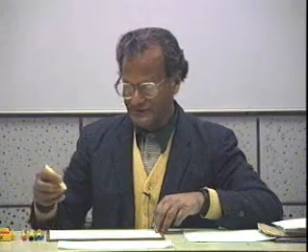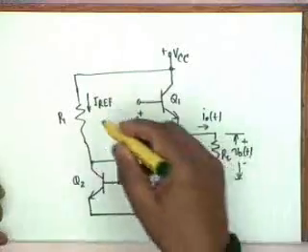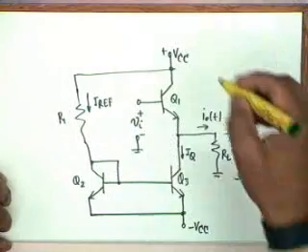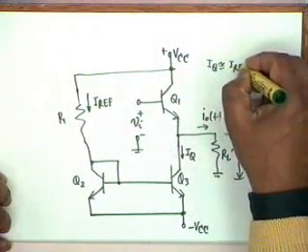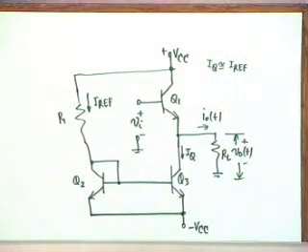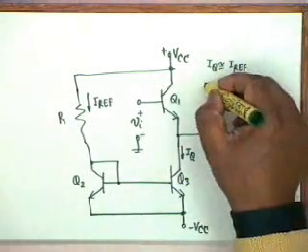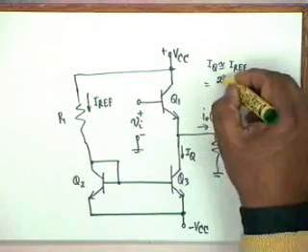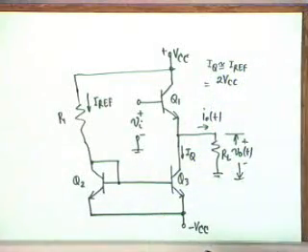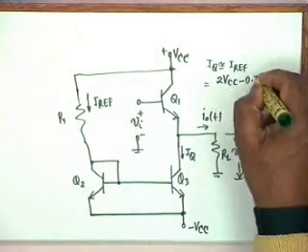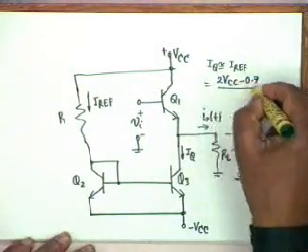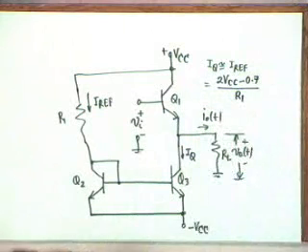Obviously, IQ is approximately equal to Iref. And this Iref is equal to twice VCC minus VBE on, which we will use as 0.7, divided by R1. This is the value of IQ.